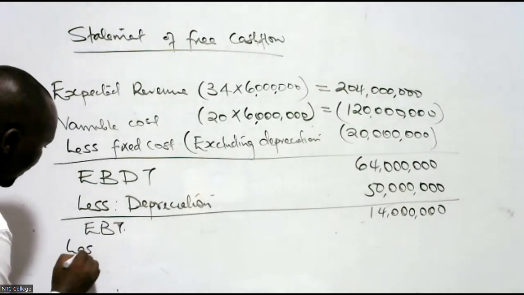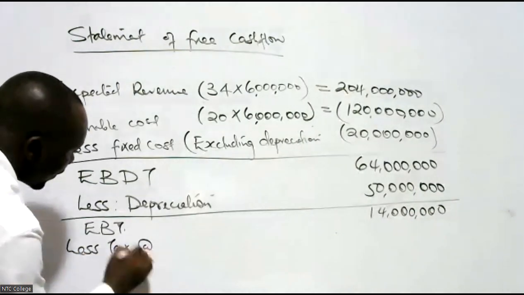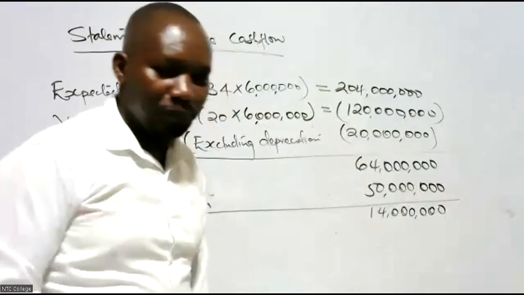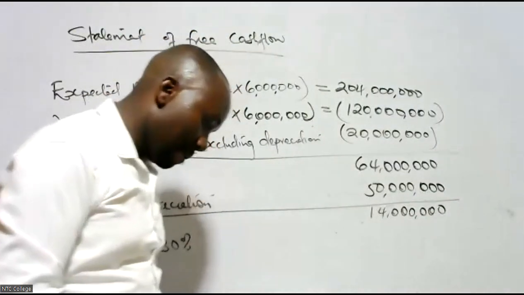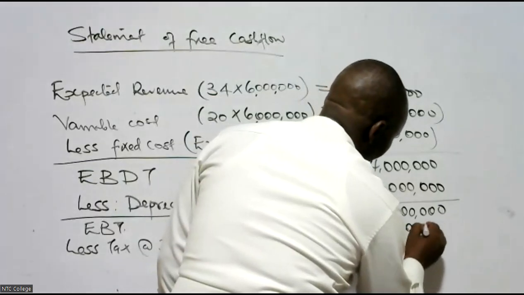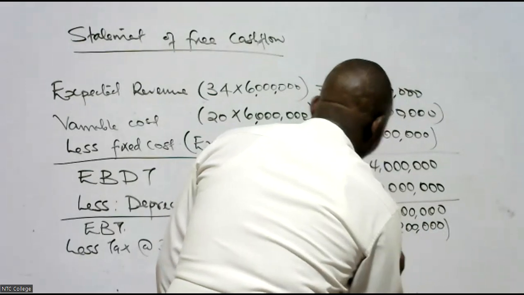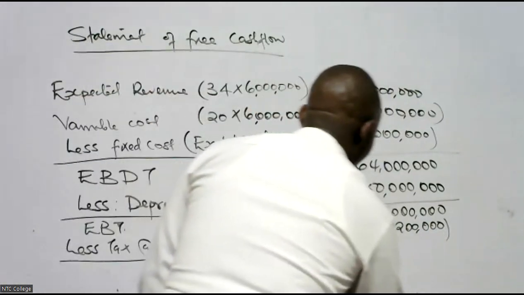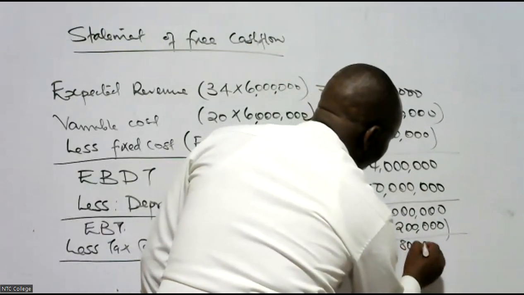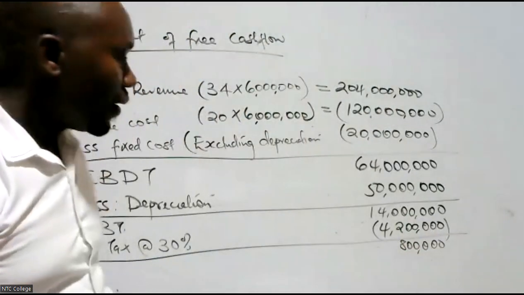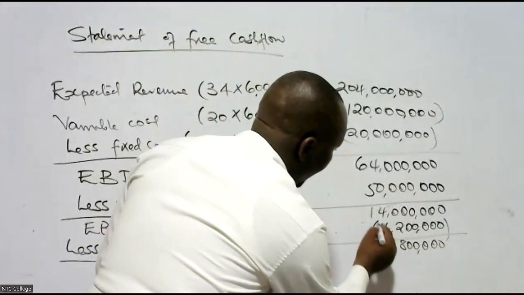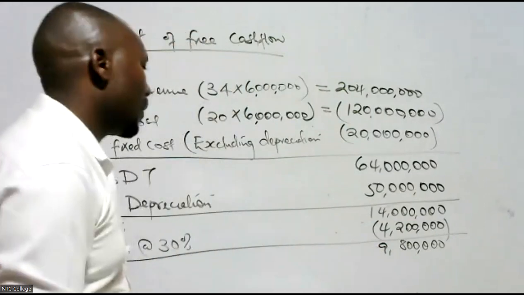Now less tax at 30%. 30% of this is how much? 42, right? So when you calculate that, what remains, is it 9? 13, 9. Right.